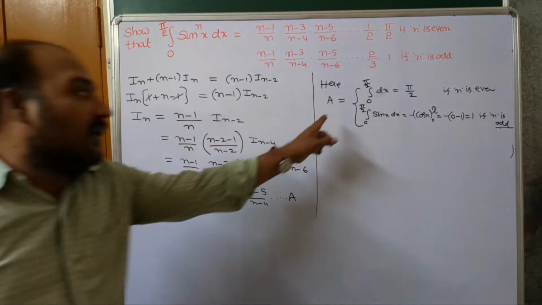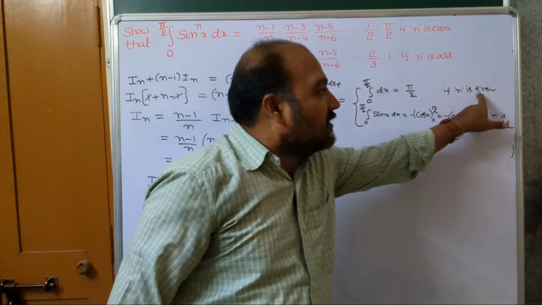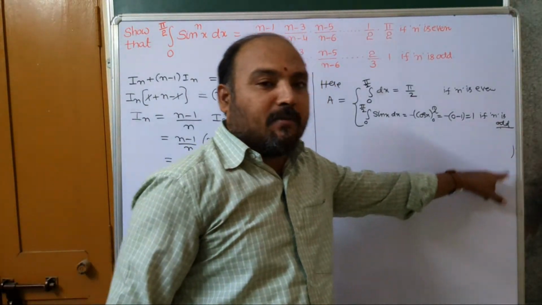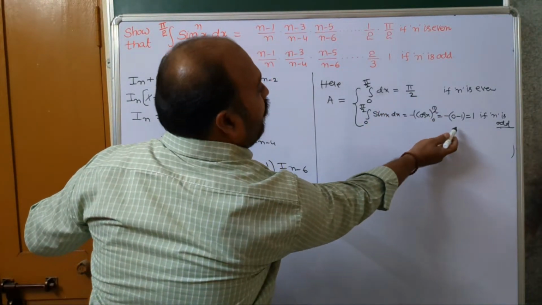So at last, A value: in place of A, pi by 2 if you are writing, if n is an even number; in place of A, if you are writing 1, if it is an odd number. Therefore, at last we will get pi by 2, or at last we will get 1.